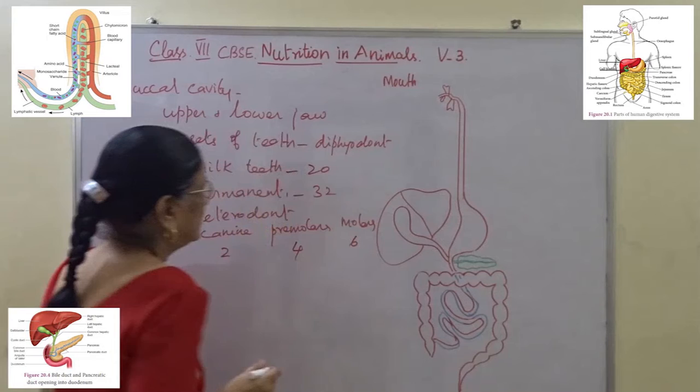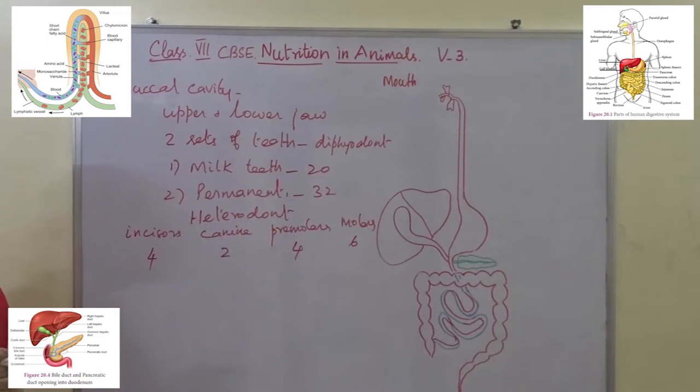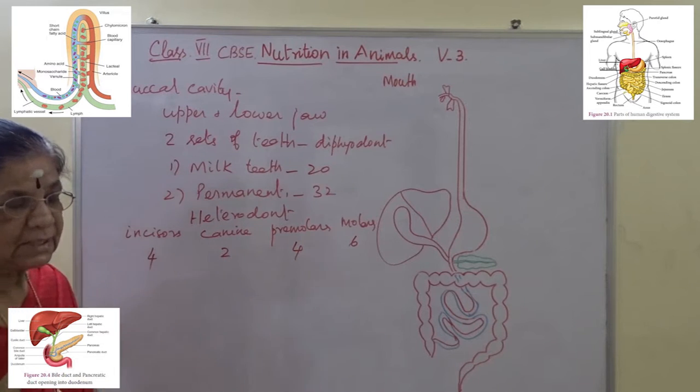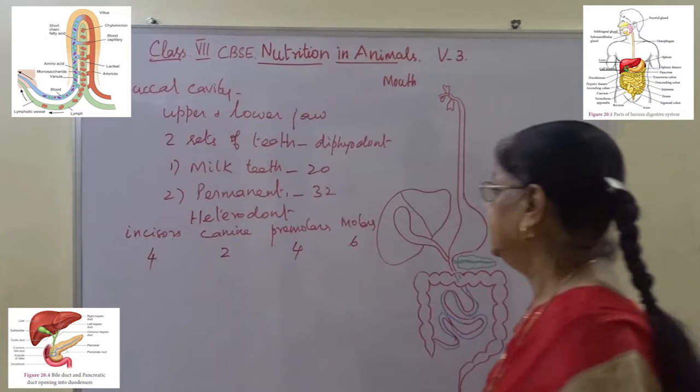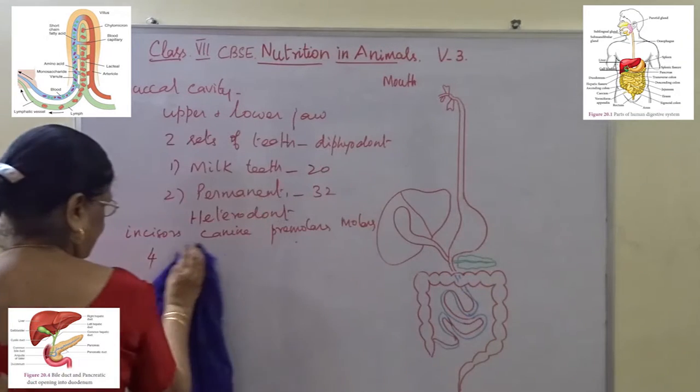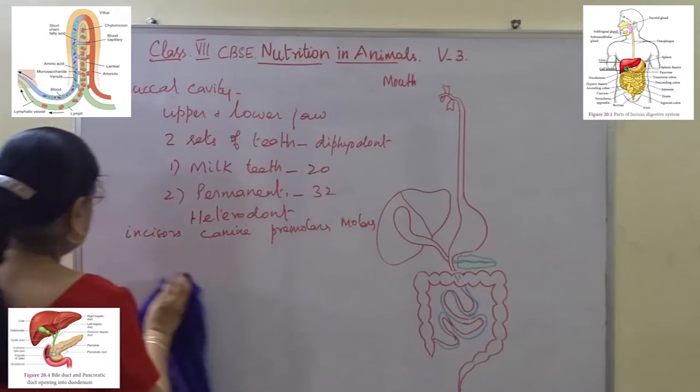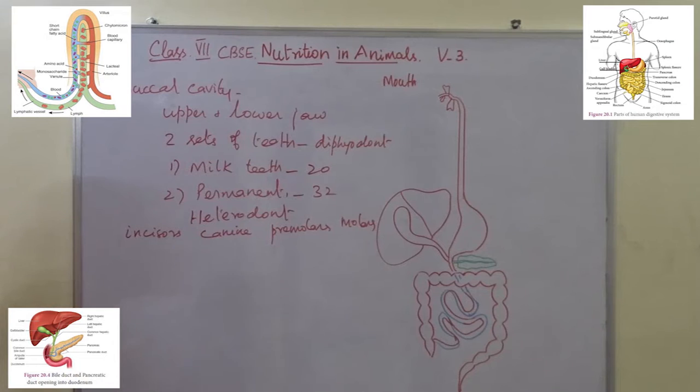3 sets, upper jaw and lower jaw. I hope you understand. So these incisors, canine, premolars and molar are forming the heterodont.